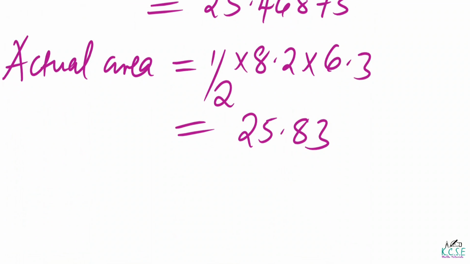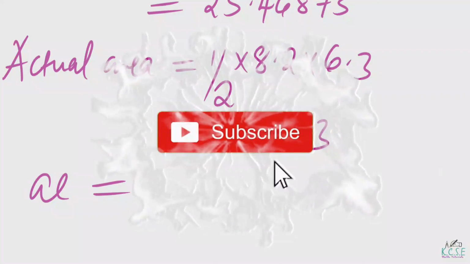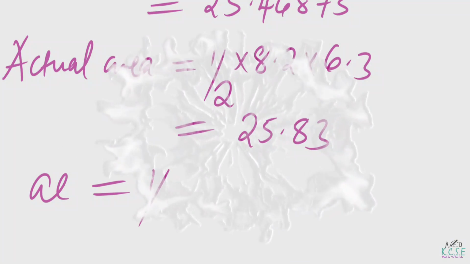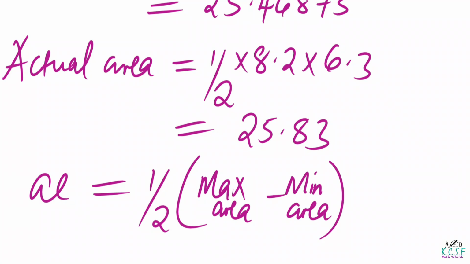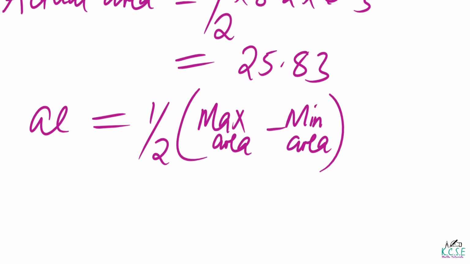Now we can get the absolute error in area, which is obtained by a half of the maximum area minus the minimum area. We have obtained all these figures.